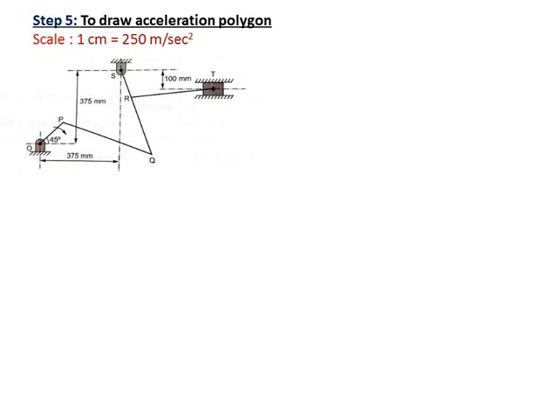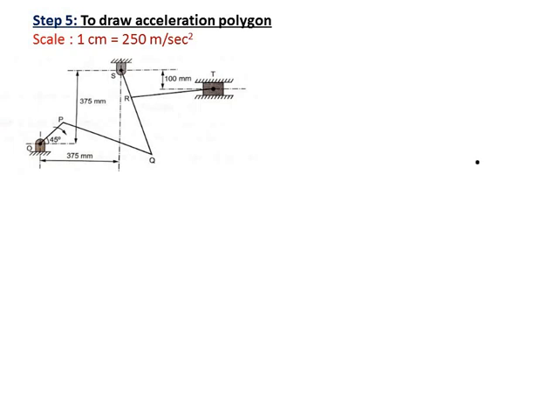And to calculate the values of centripetal acceleration, you need to calculate the velocities. And to calculate the velocities, you need to draw the velocity polygon. So always first complete the configuration diagram, then complete the velocity polygon, and then go for the acceleration polygon.